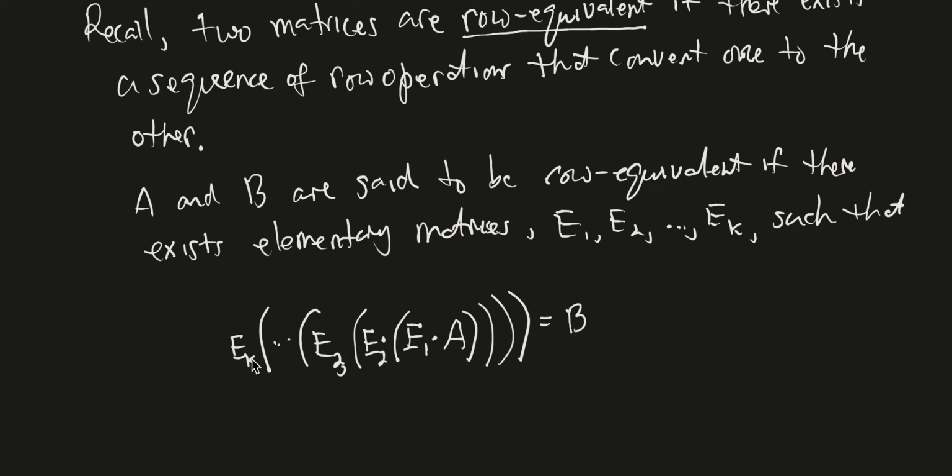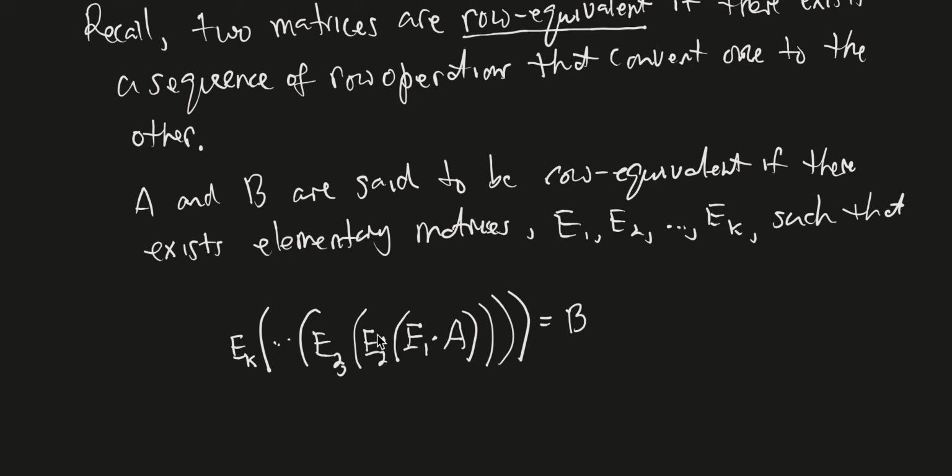So now instead of just saying, okay, we perform some row operations in sequence that will convert A into B, we can be a lot more precise and say, okay, if I have my elementary matrices that are created by those same row operations, and now if I use them in my pre-multiplication, multiplying these all out will give me matrix B.